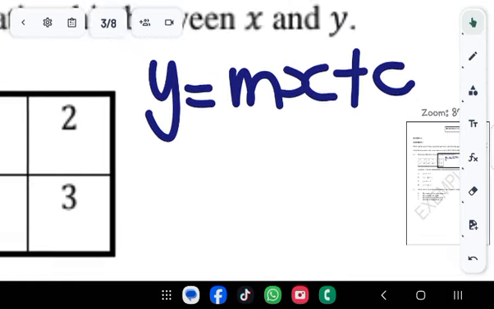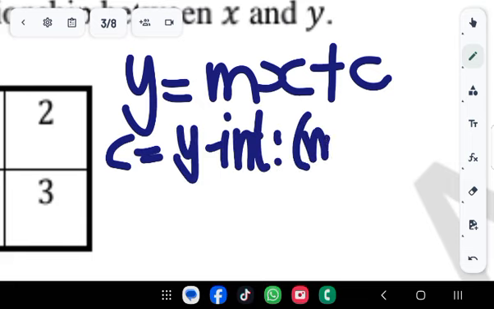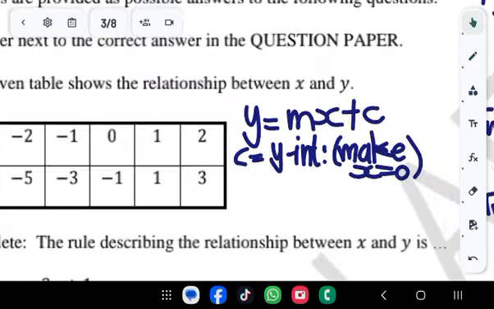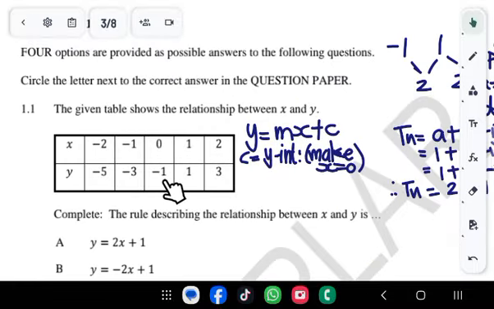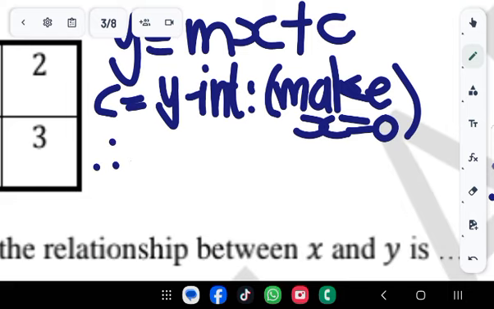In order to find the y-intercept, we need to find the point where x equals 0. When x equals 0, the y is -1. Therefore C equals -1.